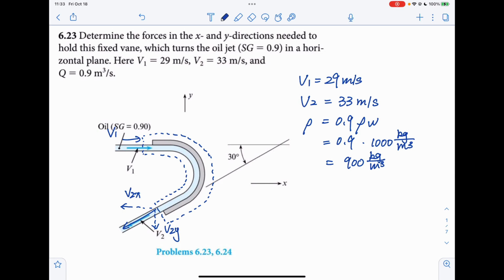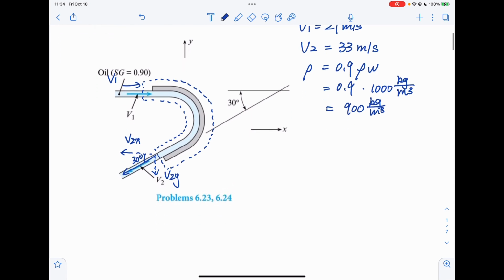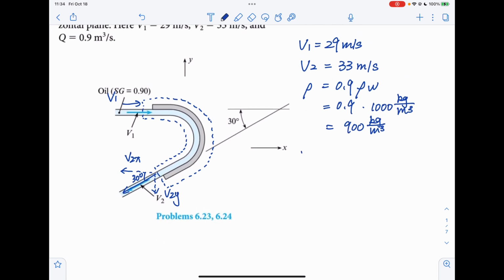We are given the angle here, which is 30 degrees. So V2x equals V2 times cosine 30 degrees, and V2y equals V2 sine 30 degrees.